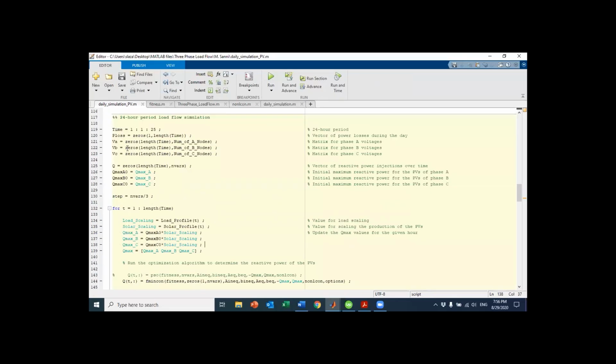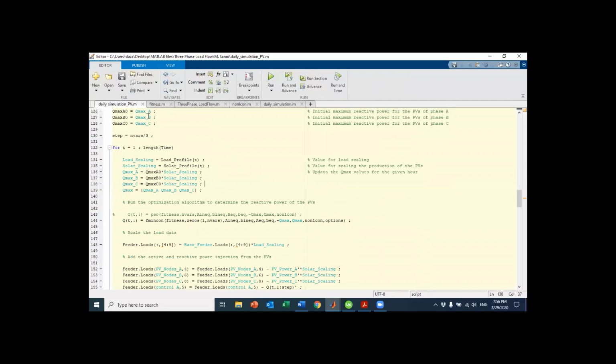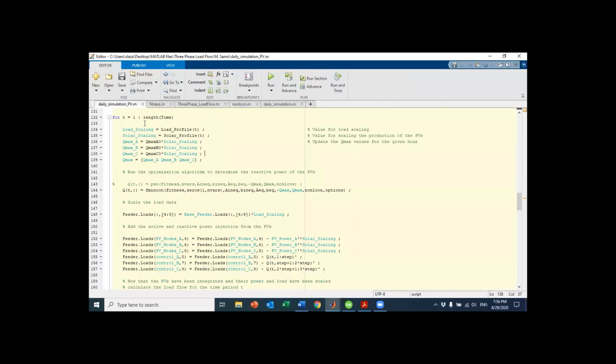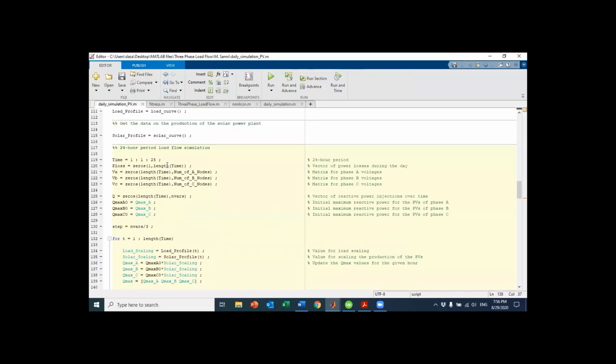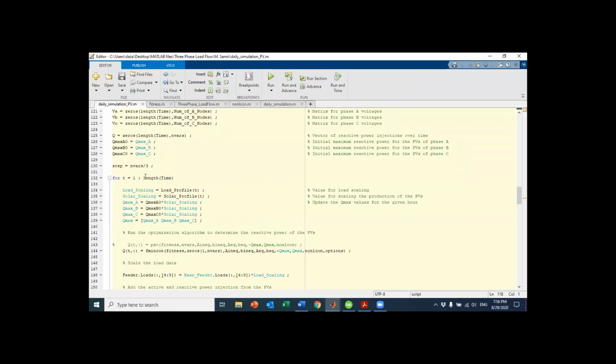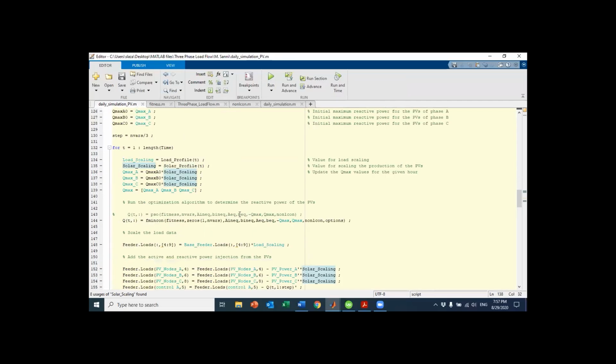Let's take a look at the main loop of the process. First, we go through the interval time. Time, as we can see here, is the 24-hour period, and for a certain given time t, the loads in the system can be obtained by scaling the loads with the load scaling factor, and the production of the PVs can be obtained by scaling the PV power or the PV capacity with the solar scaling coefficient.